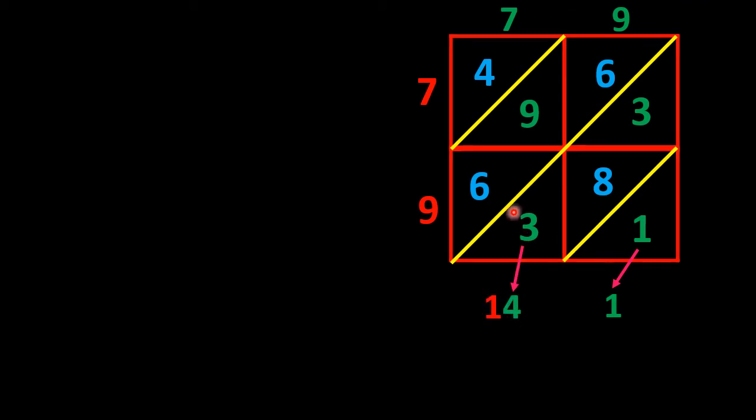Between these two diagonals there are also three numbers, and if you add them you will get 21. And here only 4 is there, so we write 4.